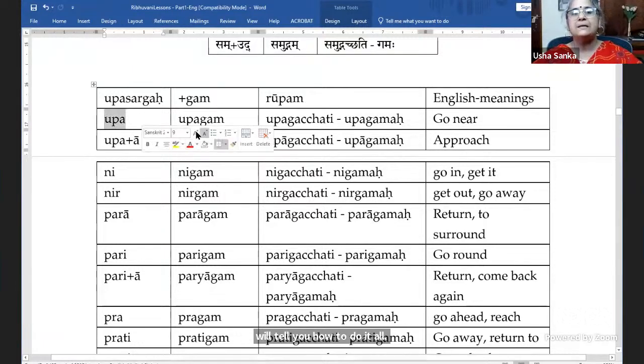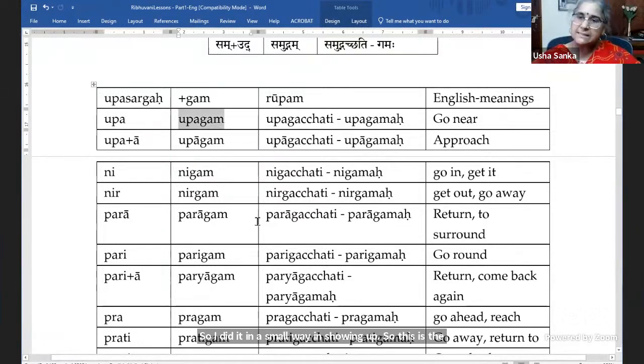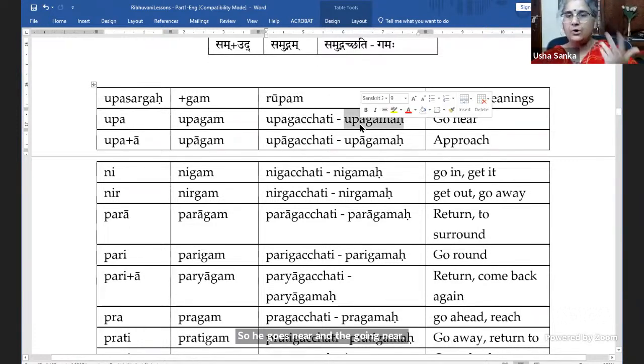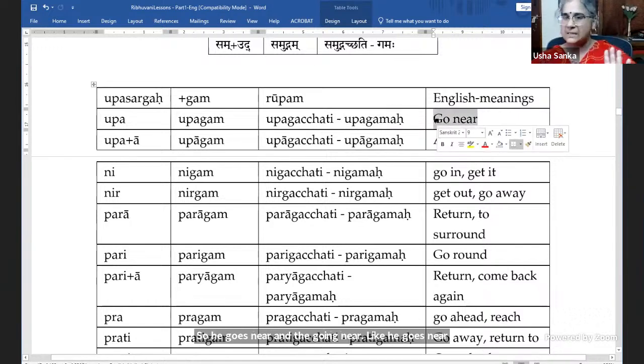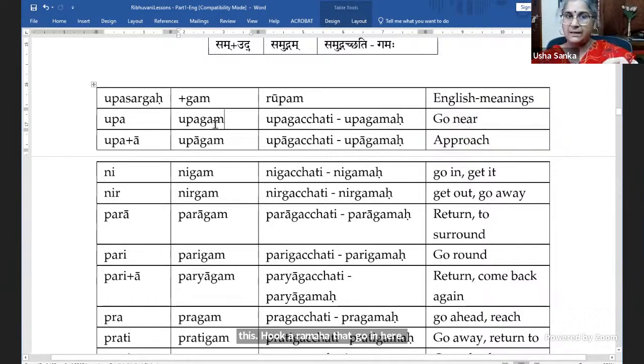So this is the upasarga, this is the upasarga plus gam combination, and this is the rupa, that means two forms, one a dhatu and one a noun. So two meanings of that, and the English meaning is to go near. So he goes near, and the going near, upagamaha, is the noun form. So apply the meaning as I give it for this part, not for that.